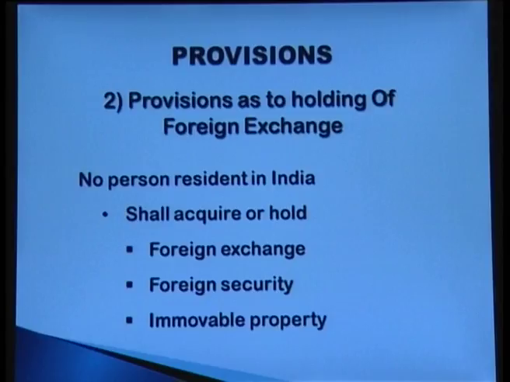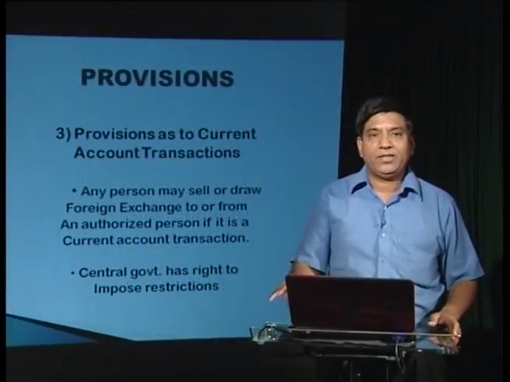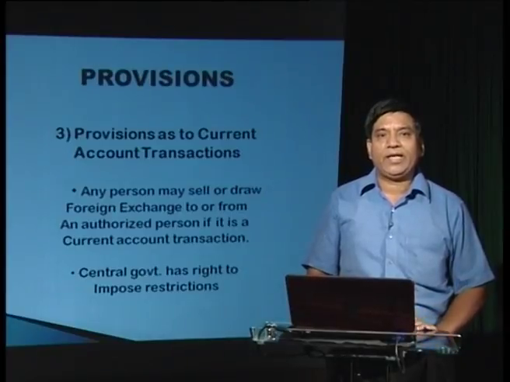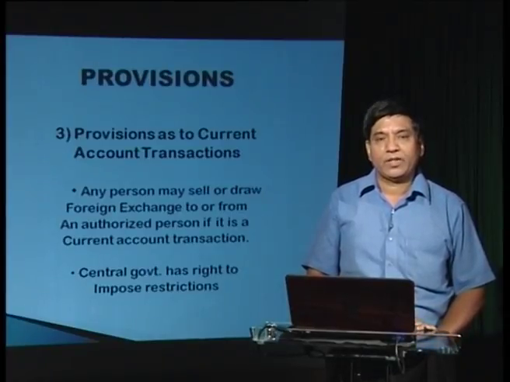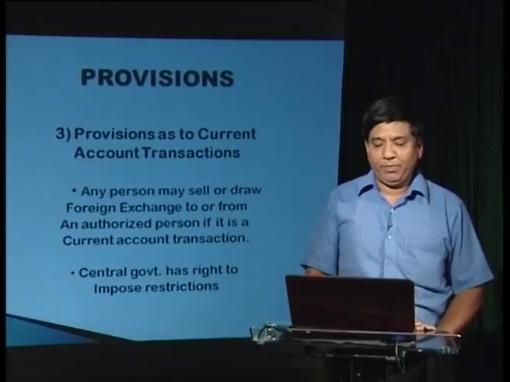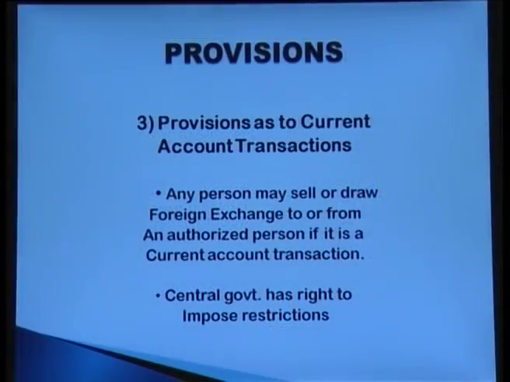Now, we come to the all-important provision regarding current account transactions. Any person may sell or draw foreign exchange to or from an authorized person. The transaction has to be done through an authorized person if it is a current account transaction.